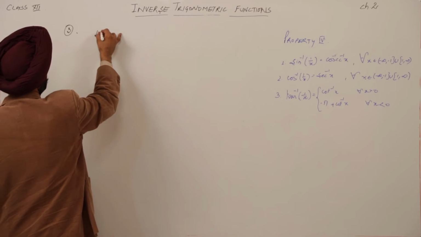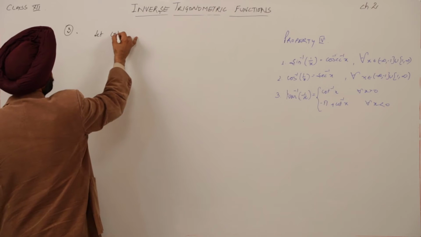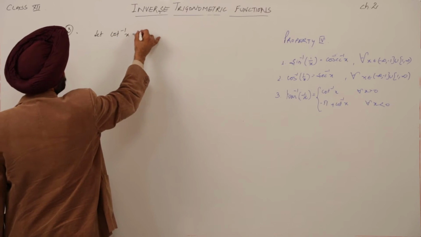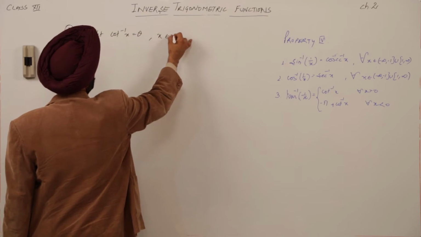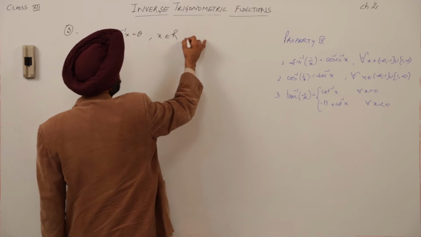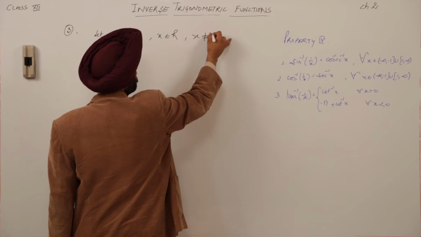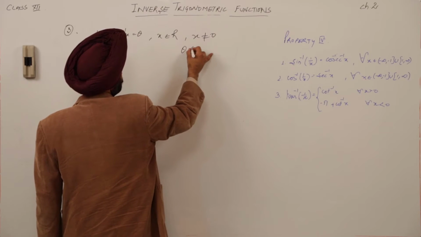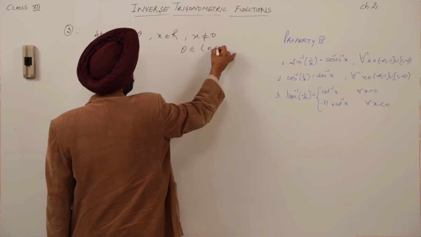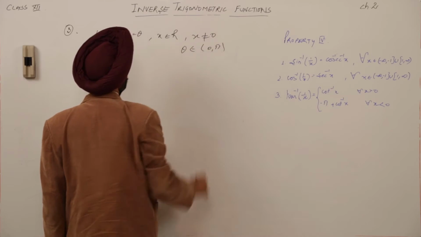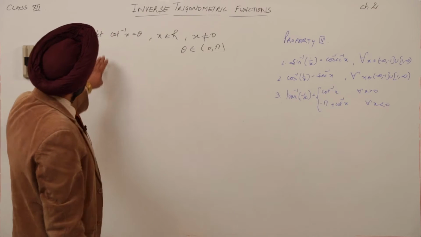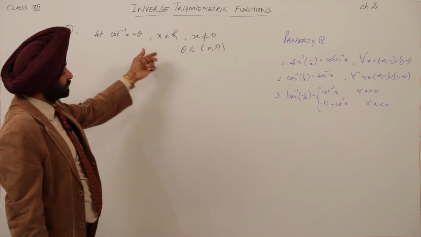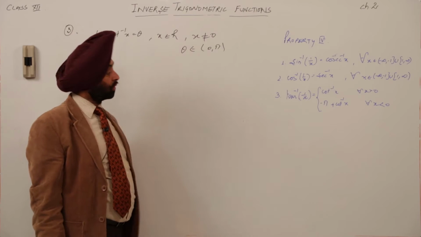Now, let cot inverse x be equal to theta, where x belongs to the set of all real numbers, x is not equal to 0, and theta belongs to 0 comma pi. This you are already aware of. When cot inverse x is equal to theta, these are the conditions which we have to follow.